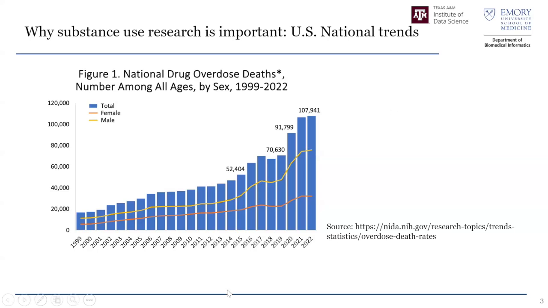Another alarming thing here, besides the number of deaths increasing, is that this is the latest final, or latest confirmed, data that we have. On the x-axis, the latest year we have is 2022, and we are almost at the end of 2024, right?